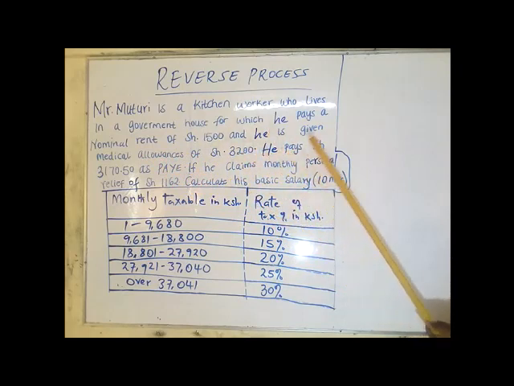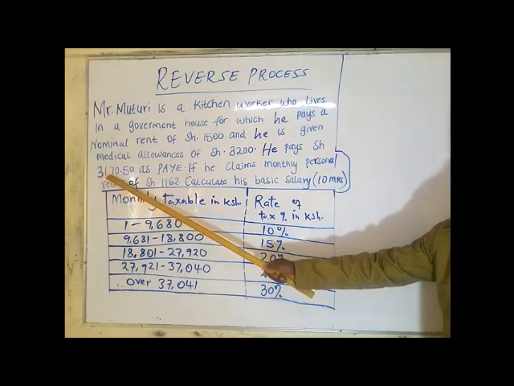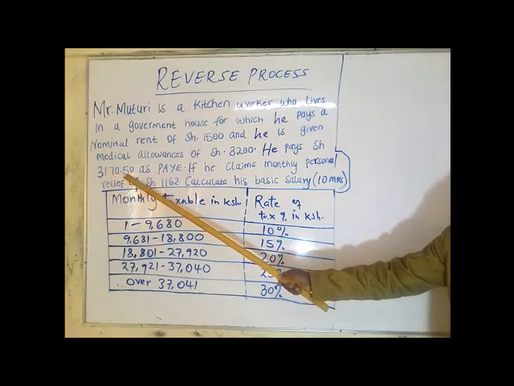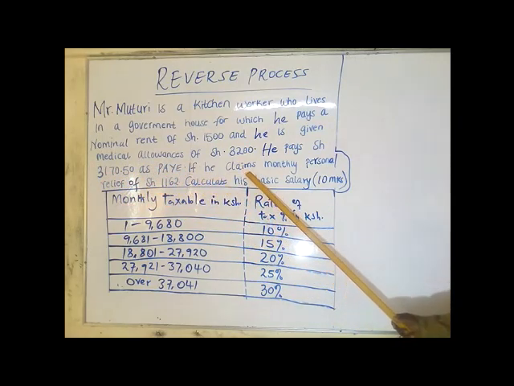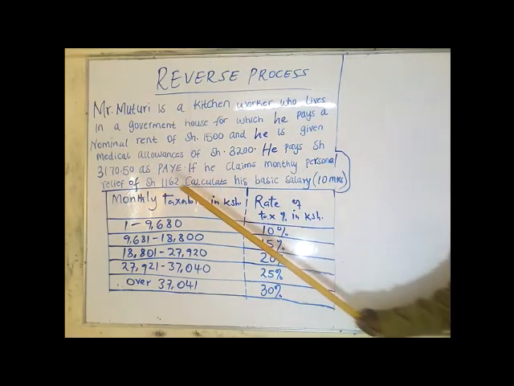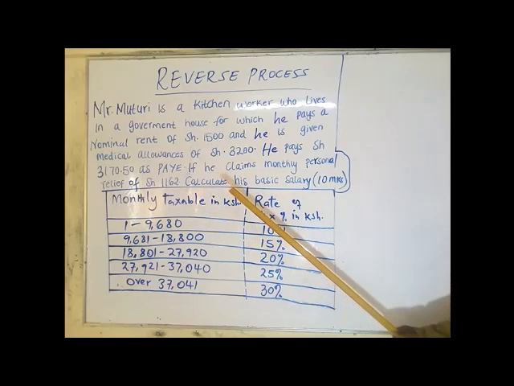He pays Kenya shillings 3,170.50 as PAYE. If he claims a monthly personal relief of Kenya shillings 1,162, calculate his monthly salary.